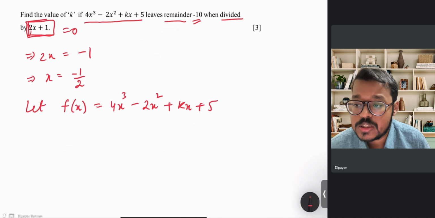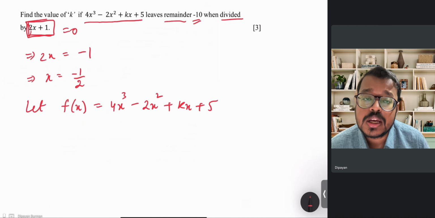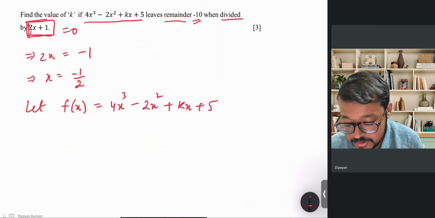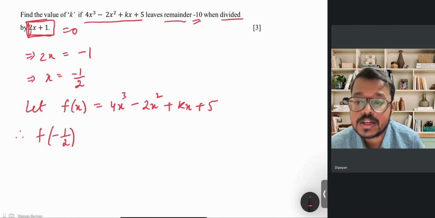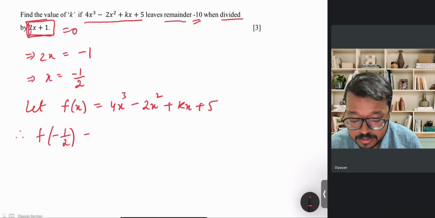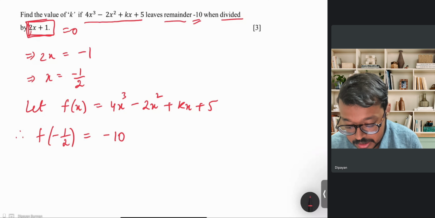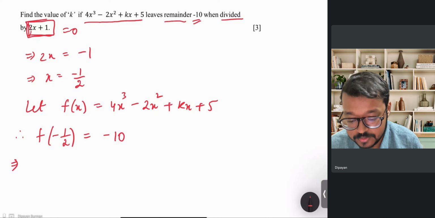Now, if I substitute the value of x equals to minus 1 by 2 in the dividend, that gives the remainder after the division, and it is already given as minus 10. So I will say that therefore f of minus 1 by 2, that means when I substitute x equals to minus 1 by 2 in the dividend, this expression I'm expecting to be the remainder, which is given as minus 10.